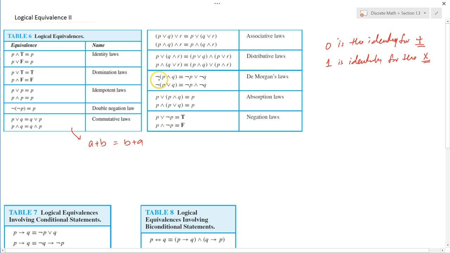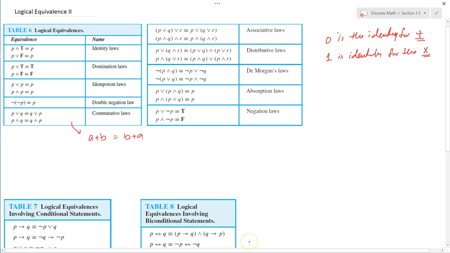So the negation of (P and Q) is equivalent to the negation of P or the negation of Q, and the negation of (P or Q) is the negation of P and the negation of Q. So all you need to do is just flip the middle operator over here and negate both sides. So the AND is flipped into an OR with the negation of both variables, and in the other one the OR is flipped into AND with the negation of both variables.